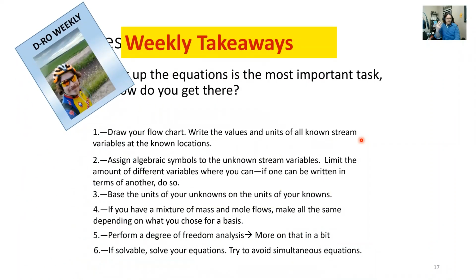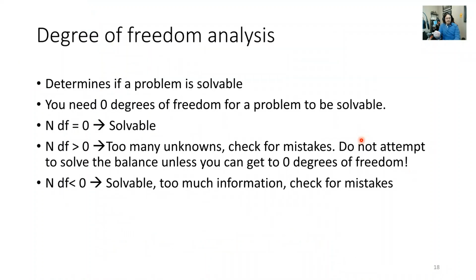And so those are pretty much my weekly takeaways. Degree of freedom analysis, I said we're going to do a degree of freedom analysis, kind of an explanation. You need 0 degrees of freedom for your problem to be solvable. So if your number of degrees of freedom equals 0, it's solvable. If your number of degrees of freedom is greater than 0, there are too many unknowns.